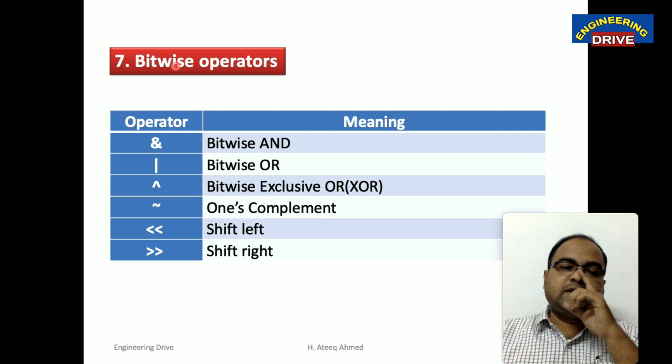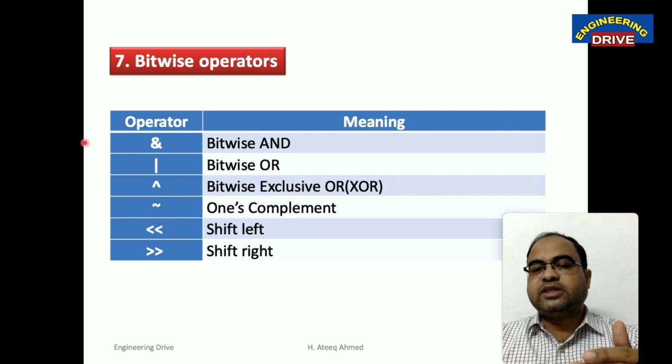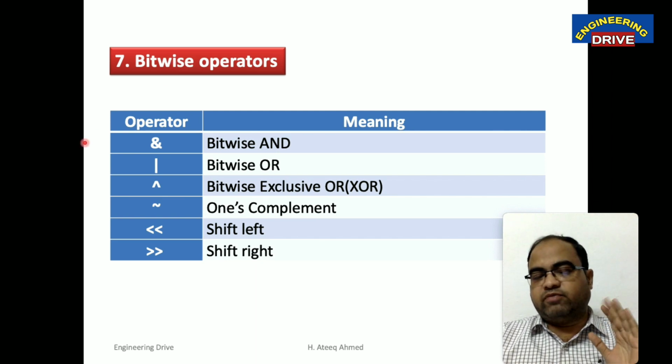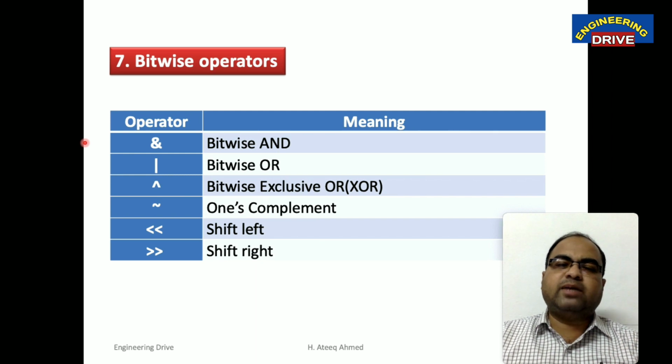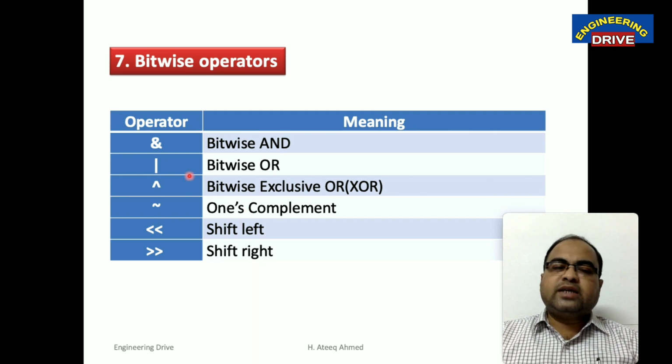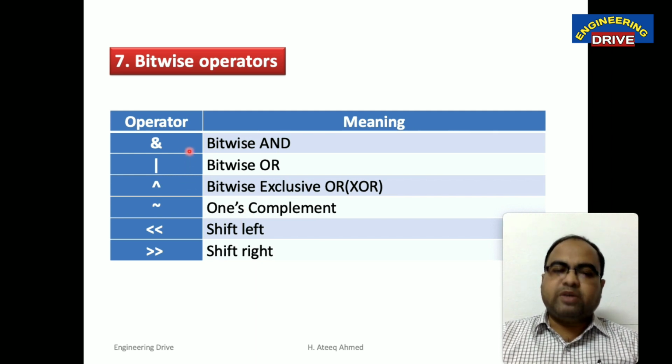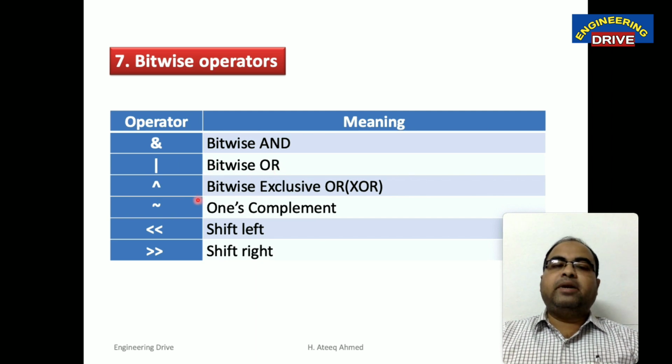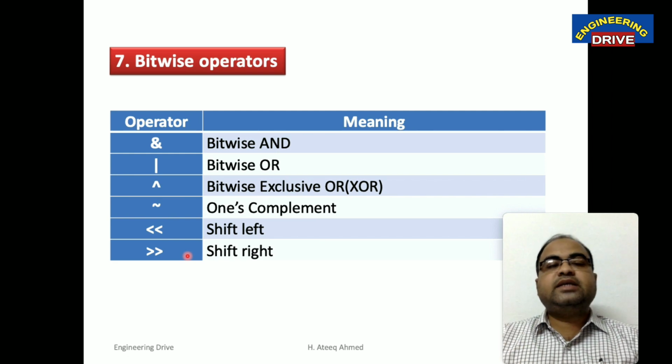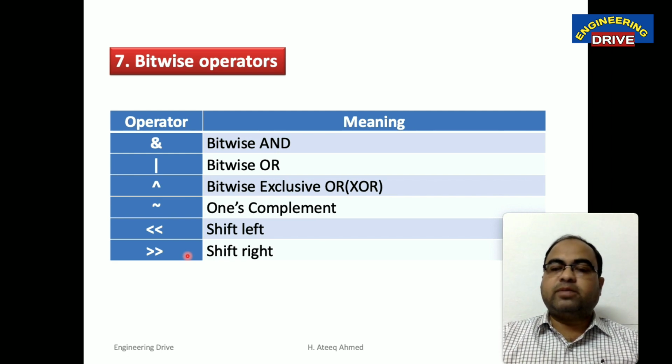Theoretically in exam you can just mention this table and explain it. There is no need to write the example program. The 6 types are bitwise AND, bitwise OR, bitwise exclusive OR, ones complement, shift left and shift right, supported by C.